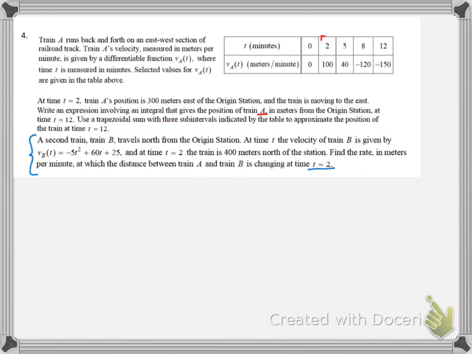As we think about the second part here in blue, now they've given us a second train, train B, that appears to be traveling to the north. And again, train A was traveling to the east at this time t equals 2. So as we remind ourselves, train A has an initial position of 300 meters east.